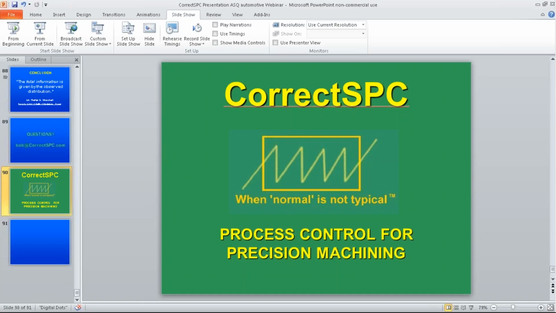Here's a question clarifying the 50-point question from before. The 50-point question was trying to ask, what did you mean when you said they calculated the limits wrong? Does that make sense? Well, I'm trying to think back where that was. The only thing that's calculated incorrectly is if you're trying to calculate control limits using Shewhart charts on precision machining.